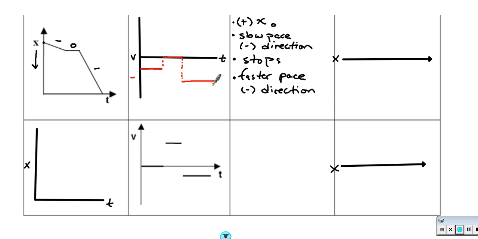So our motion map we have starting far over to the right with some small arrows that point to the left. Then it stops, so we have a couple dots that stack, and then the object resumes its motion but at a faster pace, so these arrows still are to the left but longer.